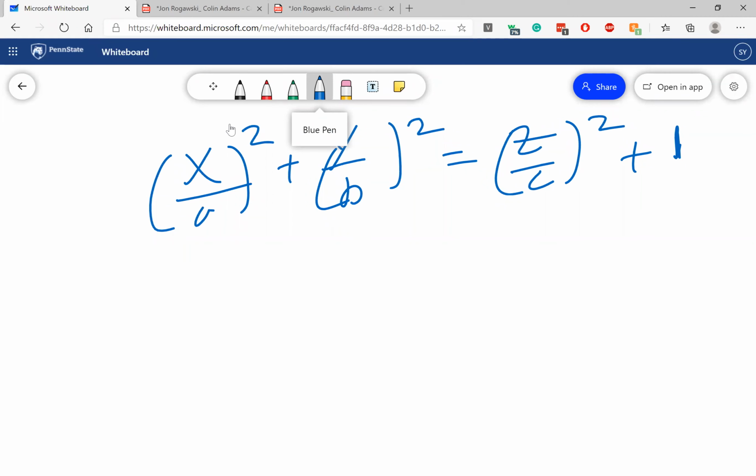So let's first do the easy part. Let's first think about when the z is fixed. So if you look at the equation where z is fixed, you're looking at x over a squared plus y over b squared is equal to z0 over c squared plus 1.